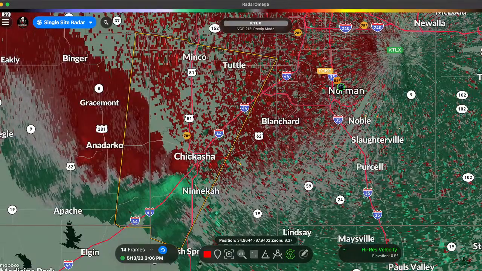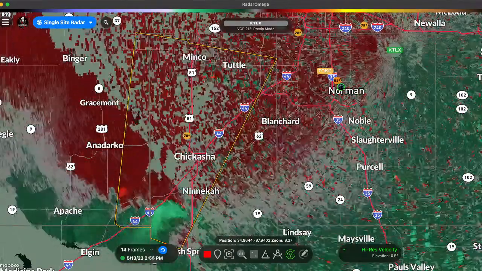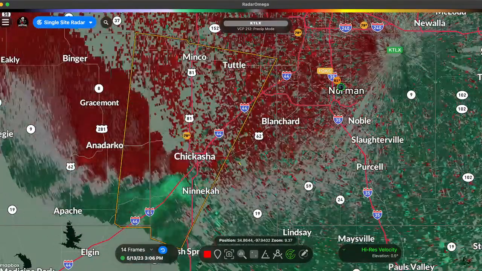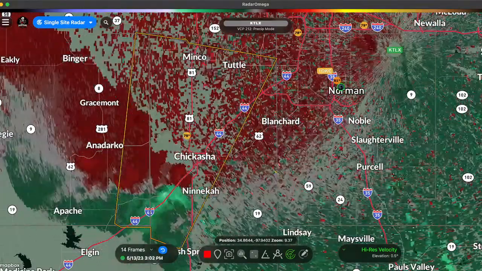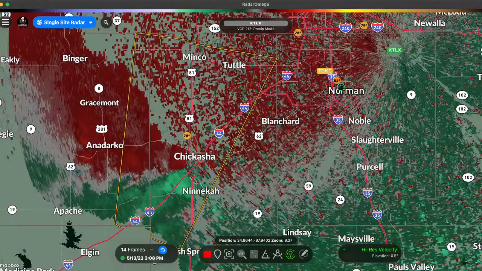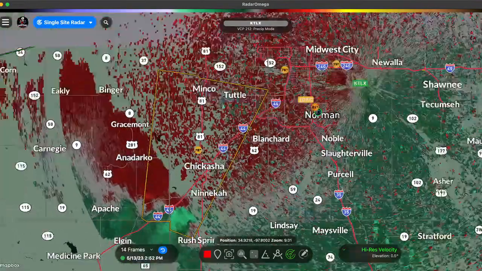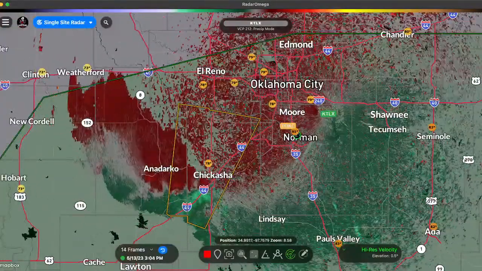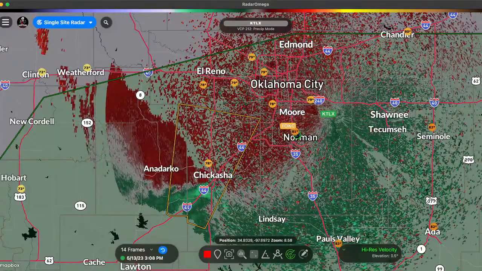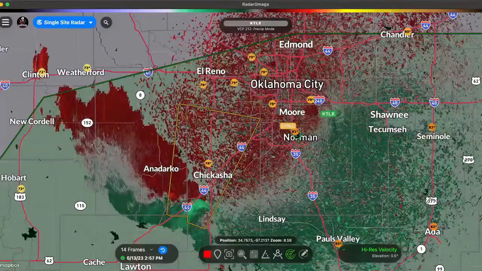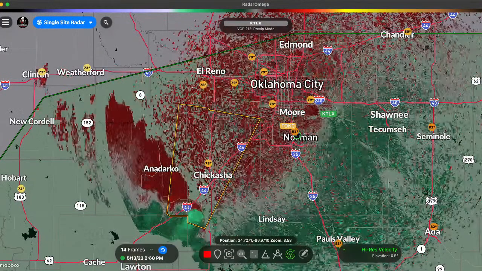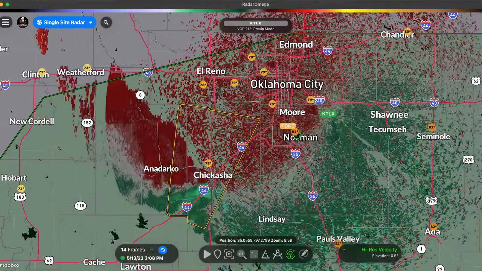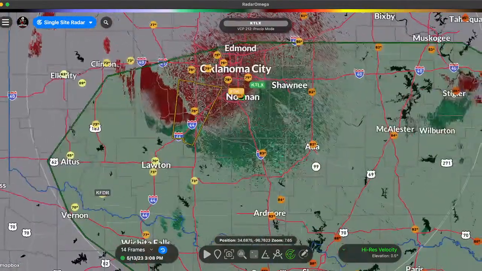Right now, that's looking like a lot of straight line winds, but that doesn't mean a spin up tornado can't happen. There are pretty significant straight line winds, and so a spin up tornado is definitely possible with any of those straight line winds.